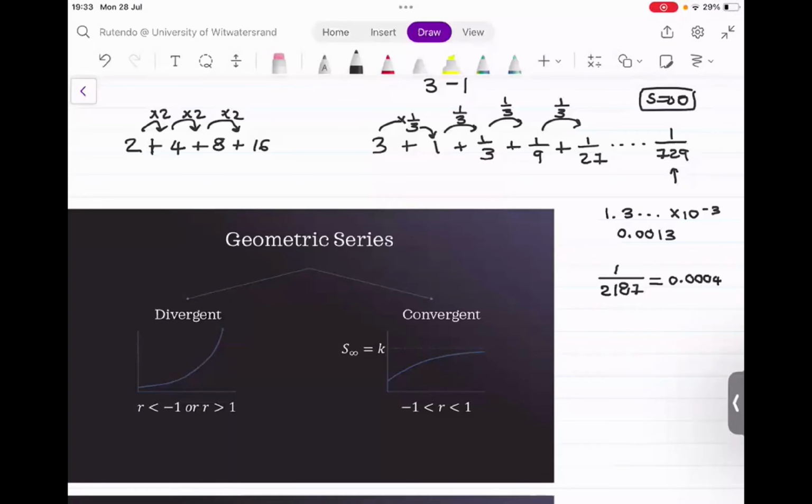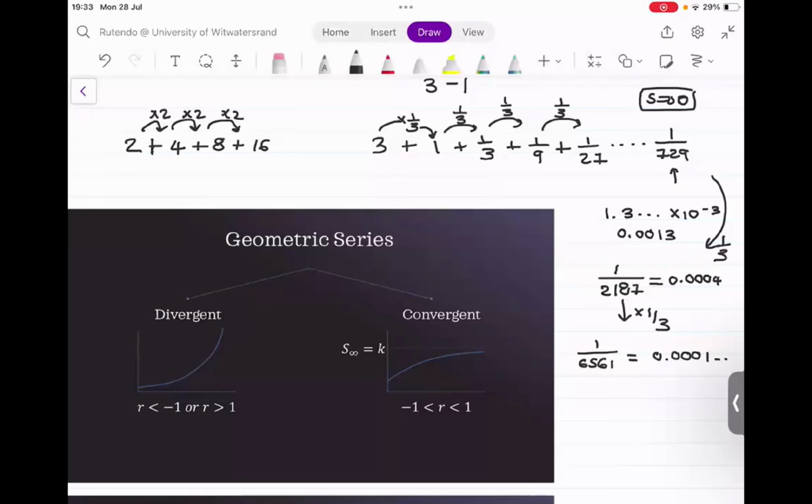This is this multiplied by 1 over 3. If I multiply this by 1 over 3, so I'm still continuing with the sequence, I get 1 over 6561. So none of these numbers are important, so you don't have to really dig into them. I get 0.0001 dot dot dot, it keeps going, right?